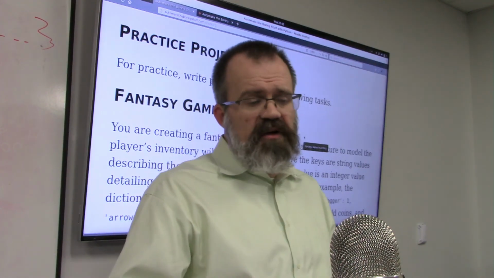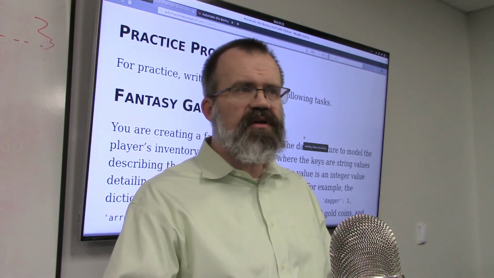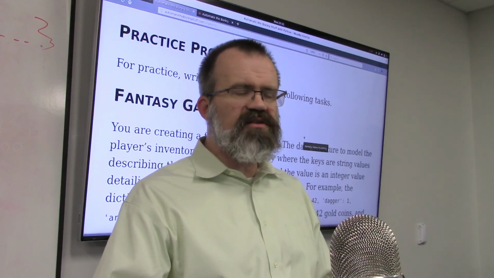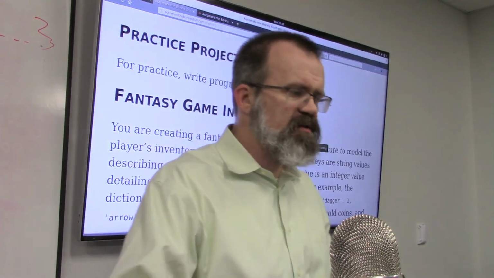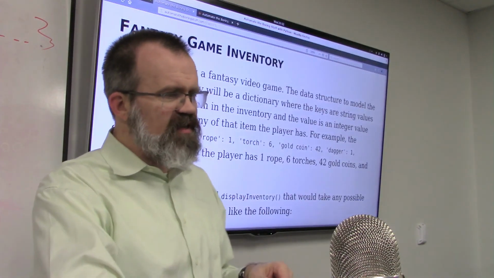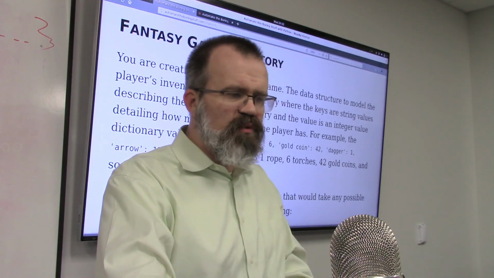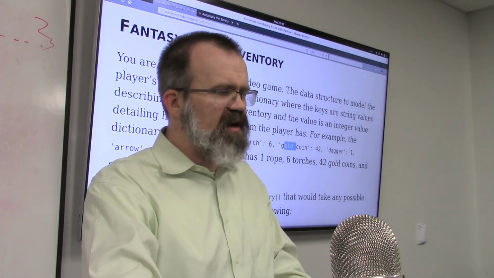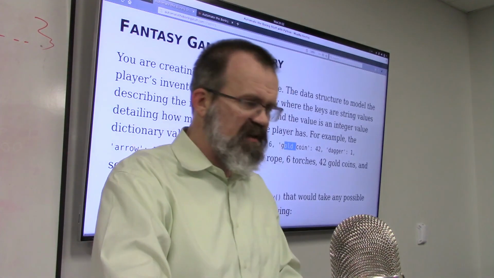If you're experienced, great, it's just more practice using the language. If you're not experienced, great, it's more practice using the language, and it's building up some experience. So this is a fantasy game. Considering it has ropes, torches, gold coins, daggers and arrows, it's probably a Dungeons and Dragons type fantasy game.